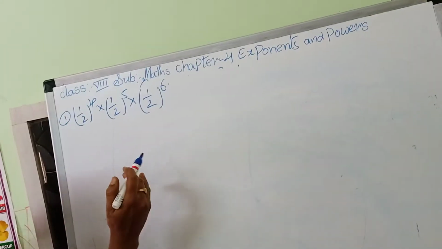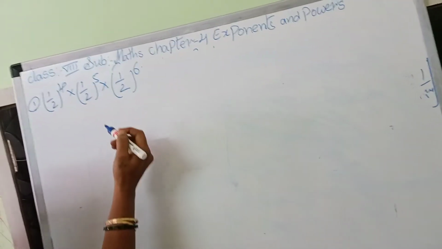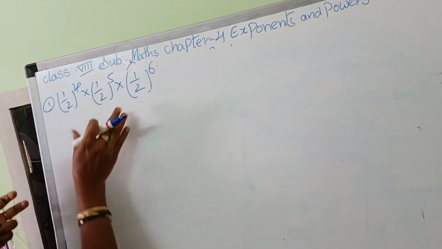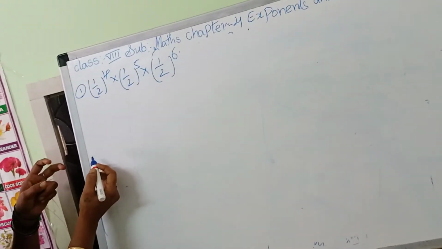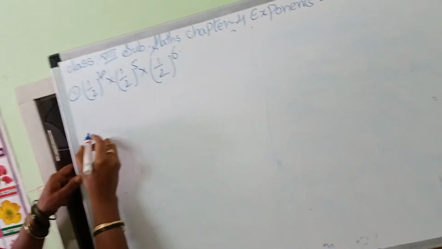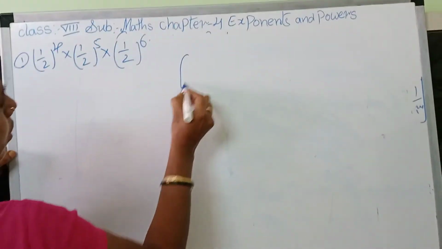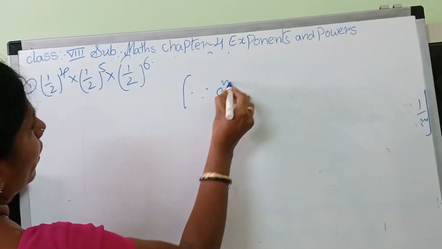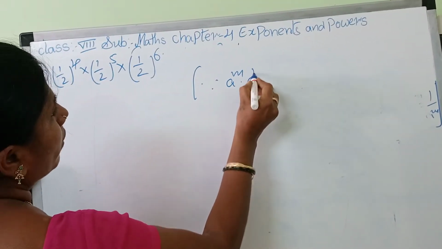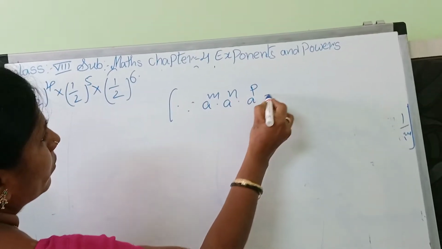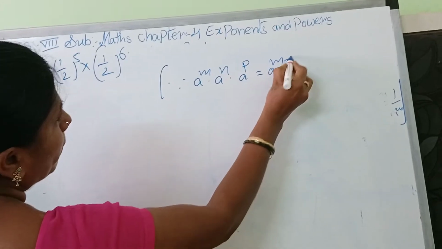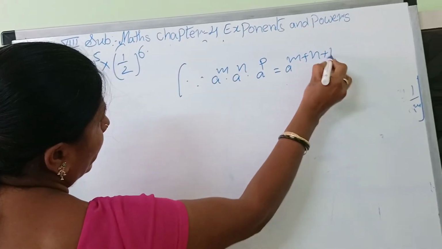So we can compare this with a to the power of m into a to the power of n into a to the power of p. Like that, 3 terms are there. So we can apply the identity a to the power of m plus n plus p.